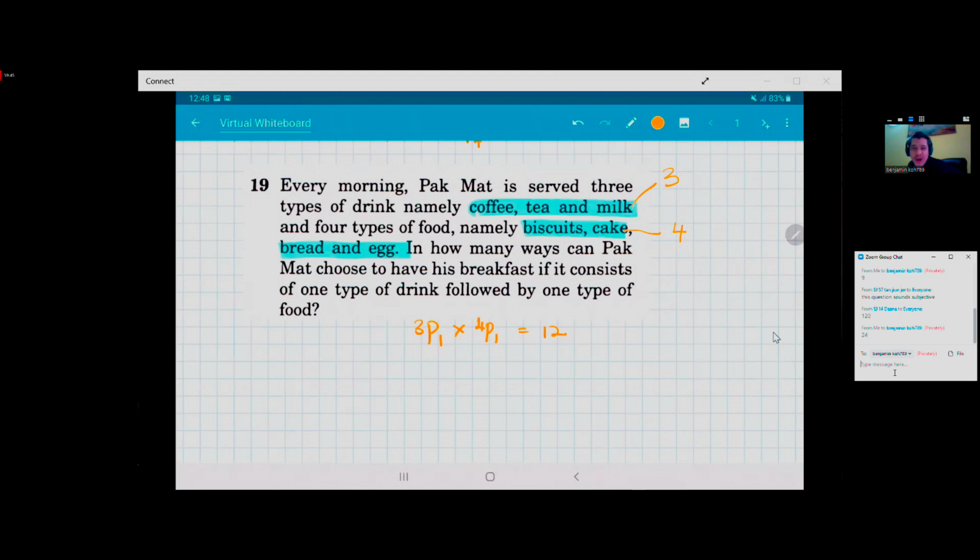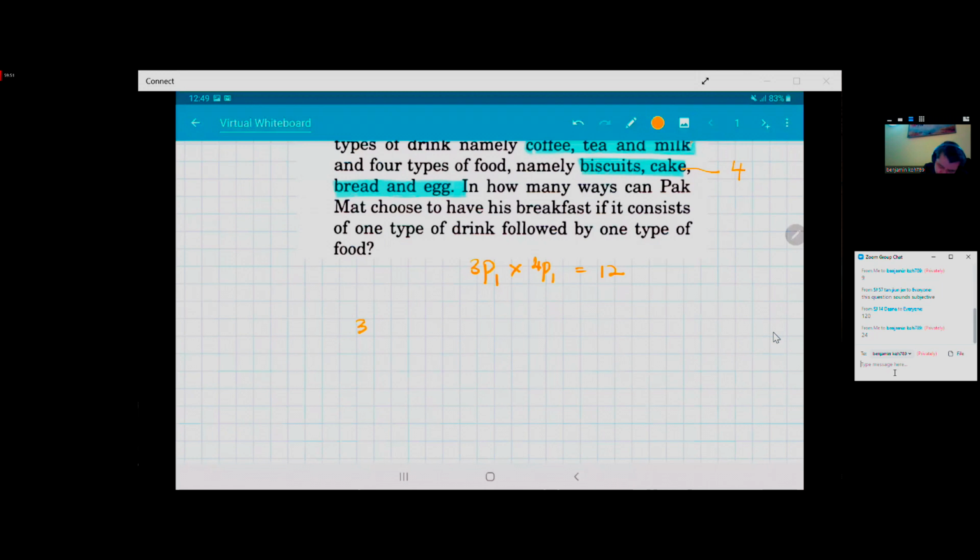So, you know why is 3P1? Okay, for example, some other might argue, why not? Why I cannot say 3P3 times 4P4? Can I use 3P3 times 4P4? Boleh tak? Okay, why not? Okay, some of you say no, tak boleh. So why not? Kenapa tak boleh ambil 3P3 times 4P4?